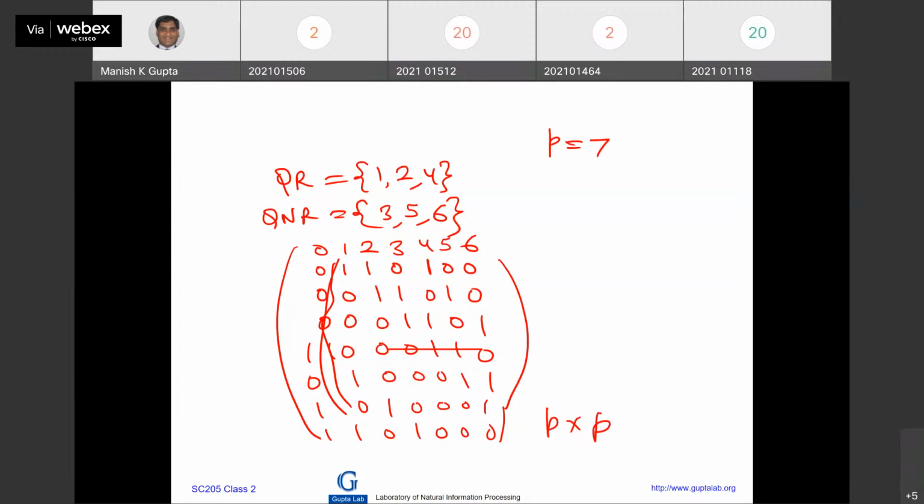So remember, for an n by n matrix, finding eigenvalues is a difficult task because for solving a degree n equation there is no general formula, right?